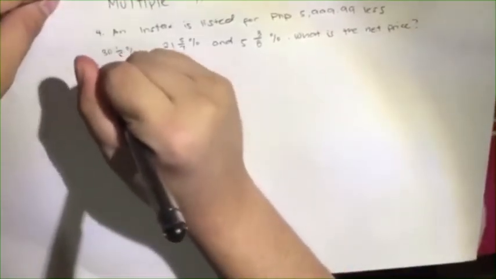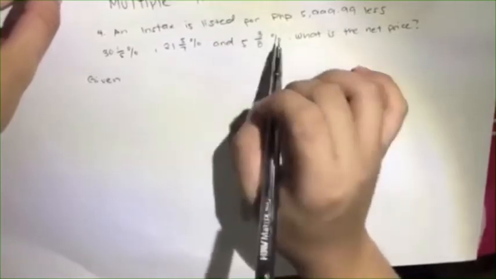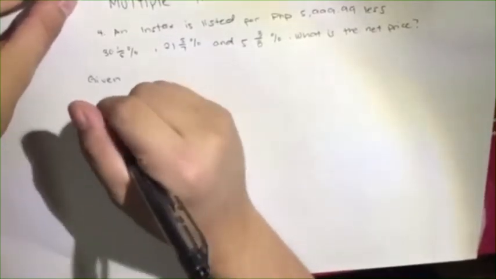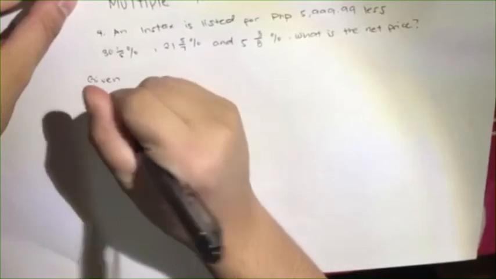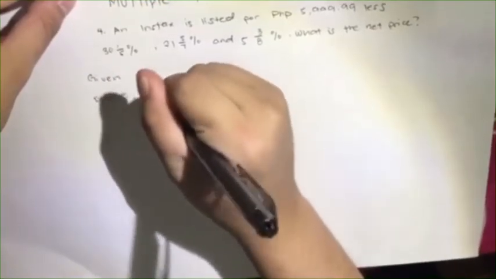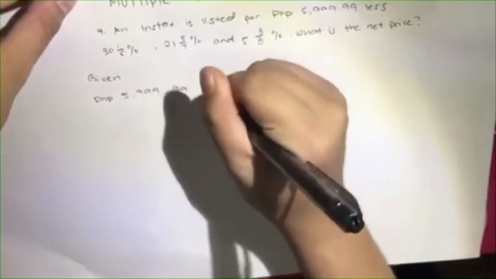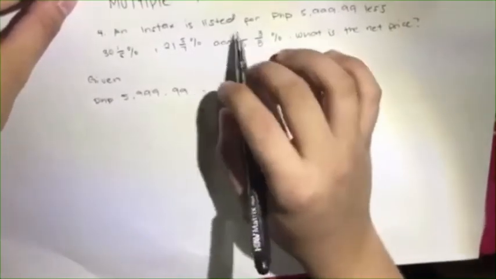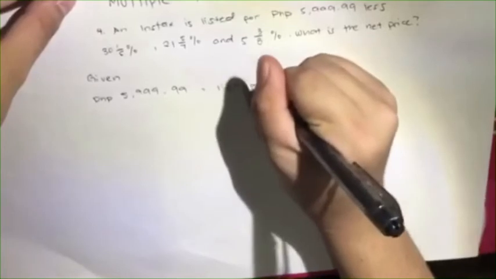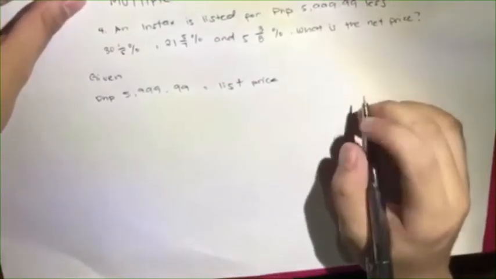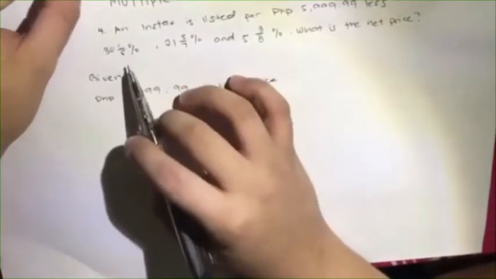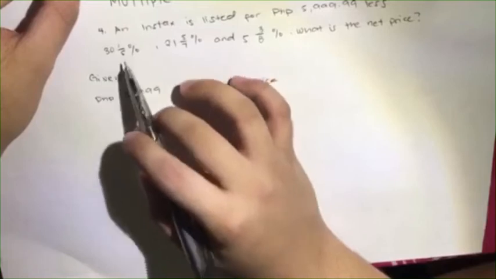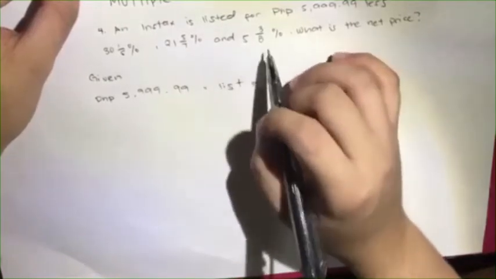So matulad kanina, identify lang natin ang mga given na values. So listed for 5,999.99. So 5,999.99 is our list price. Kasi nakalagay na listed for. So it is list price. Then less itong mga percent, para maging decimal siya, divide lang natin 1 divide 5, 5 divide by 7, 3 and divide by 8.